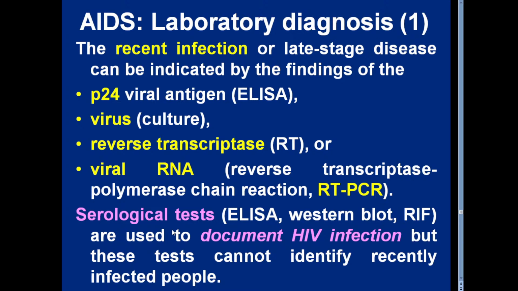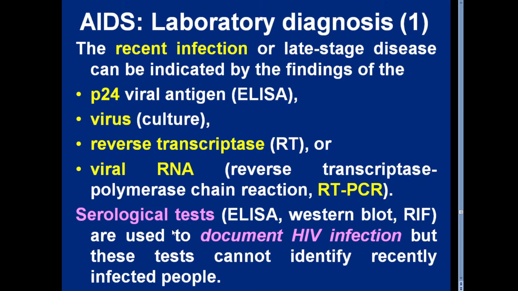Let's discuss laboratory diagnosis. Recent infection or late-stage disease can be indicated by finding the p24 viral antigen by ELISA test, virus by culture, or viral RNA by reverse transcriptase polymerase chain reaction, RT-PCR.